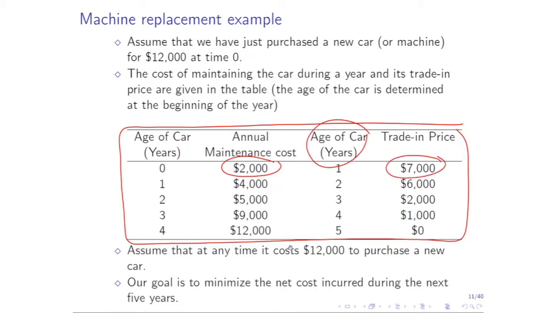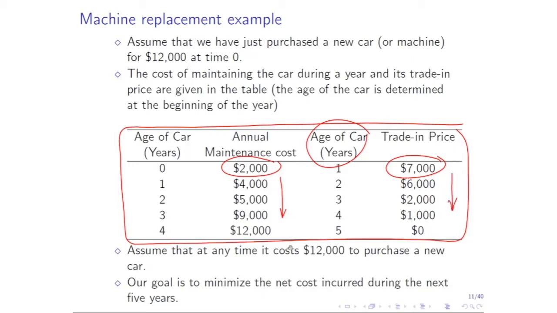Obviously, the more that you use the car, the annual maintenance cost increases. So the second year, the annual maintenance cost is $4,000. For the third year, it is $5,000, and so on. So we have the maintenance cost for the first 5 years of use, and we also have the trading price.